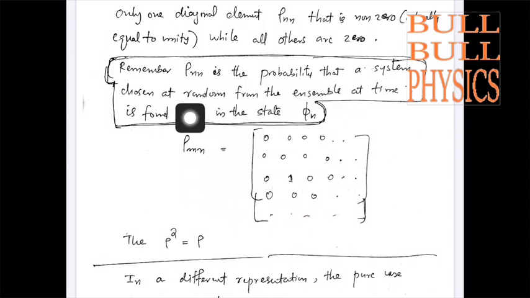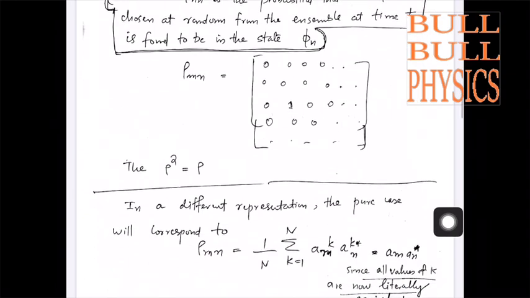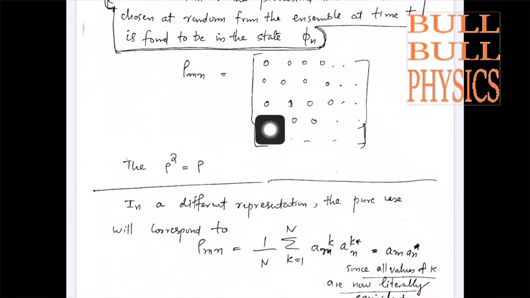So rho n is what? The probability that a system chosen at random from the ensemble at time t is found in the state phi n, that we have seen. So this will be the form of rho mn.